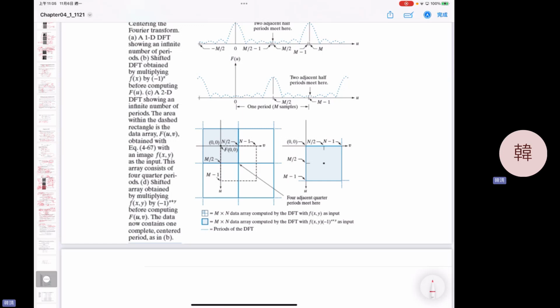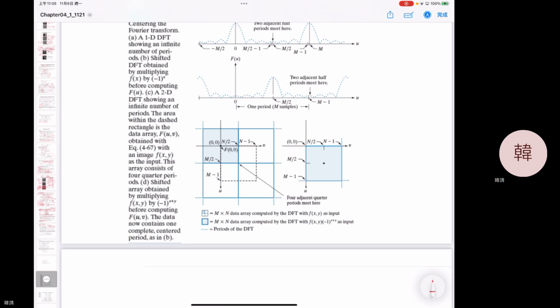So if I take away this one, what's the result? Only one point is taken out, the DC value. The result will look like this. It's the same as the original image, but every pixel will be minus the average of f(x,y).